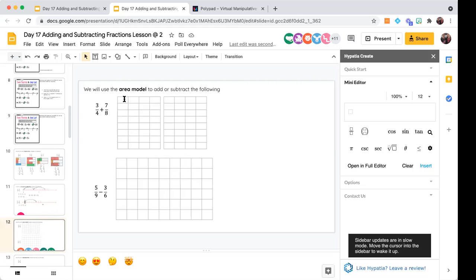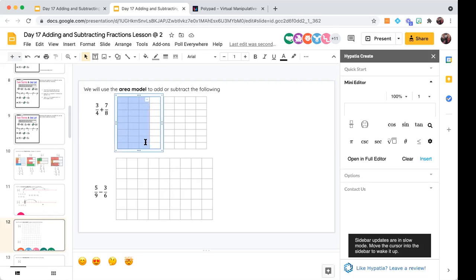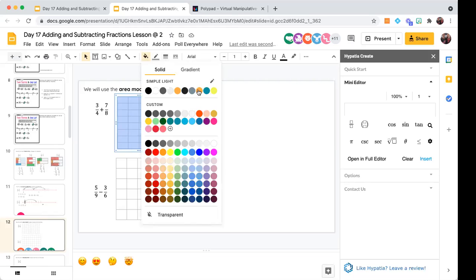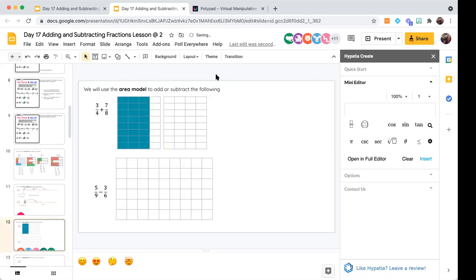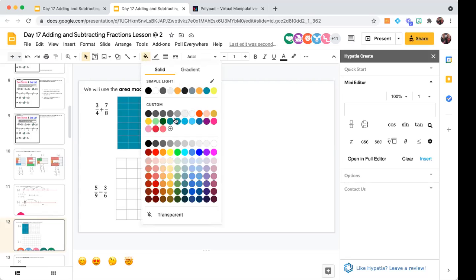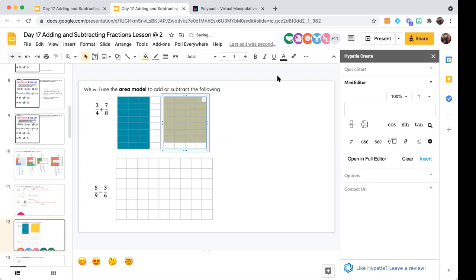One of these boxes, I'm going to color in using my fill-in feature. I'm going to color in 3/4. So I did 3 of the 4 columns. Whereas the other one, let's do this one yellow, 7/8. So one is 3/4, one is 7/8.